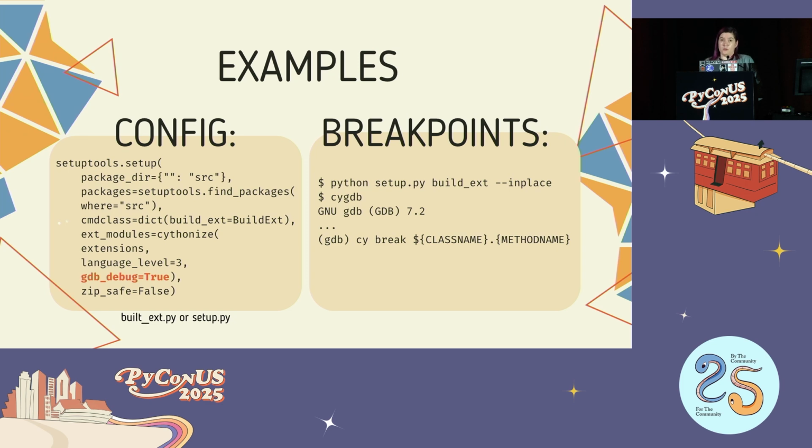But if you do want to configure CyGDB, you can just set it up within your build.ext file or your setup.py file. It's just a flag to pass that will add additional directives to the C code that's generated.